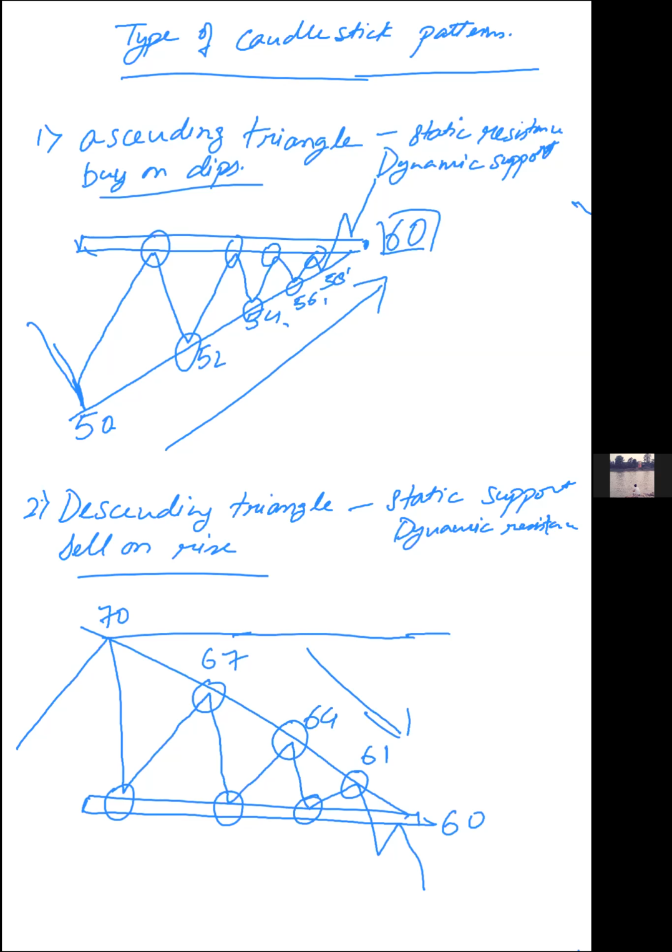And 99% of the time in a descending triangle, you will see a downside breakout. Clear? Okay, fine.